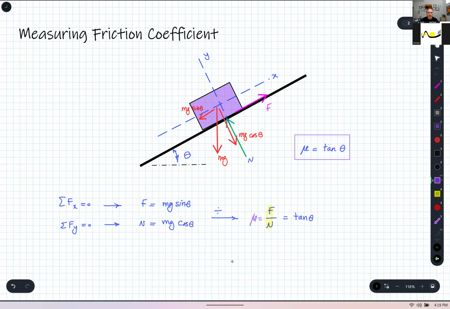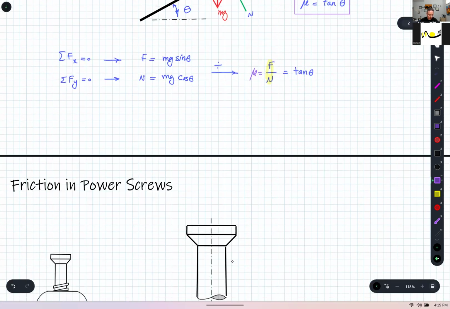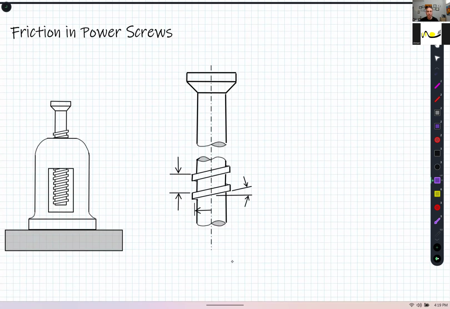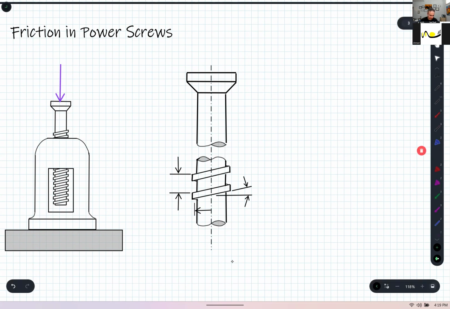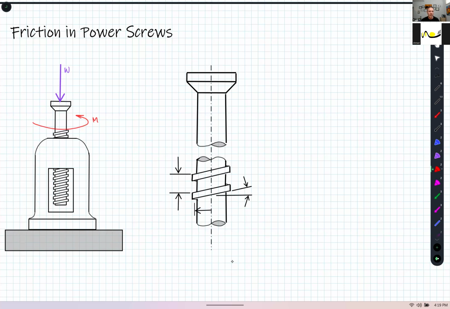All right. Now, let's see some applications of friction. In power screws, we use them to move, let's say, a load W by rotating the screw here, let's say in that direction M, then I can lift that W. If I change the direction of M, the torque that I apply, then I can lower it.